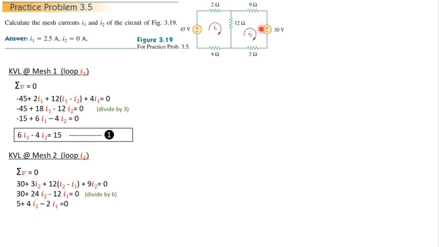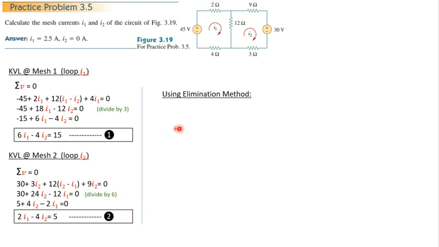Since this is in the I2 direction, I2 starts first. Well, we can see here when it was in I1, we start with I1 here in the negative. And after that, plus 9I2 equals 0. We simplify it, divide it by 6, and eventually we'll get to this equation right here.